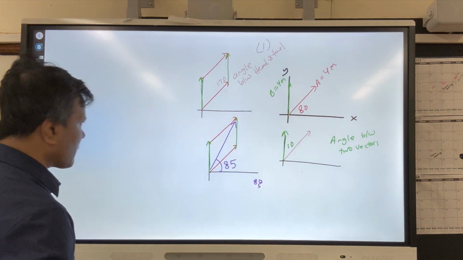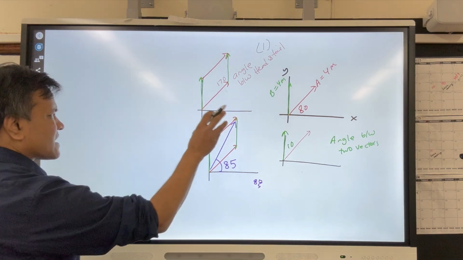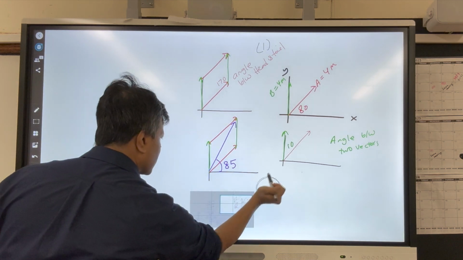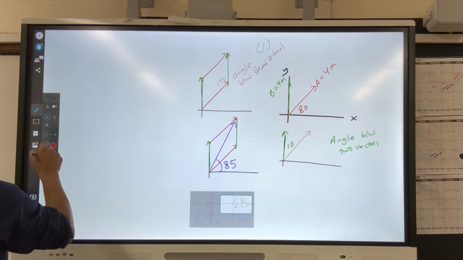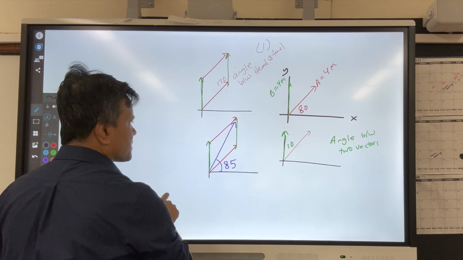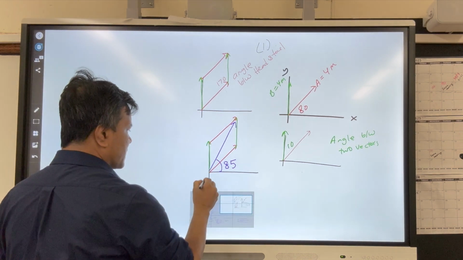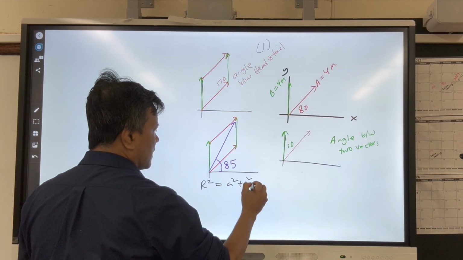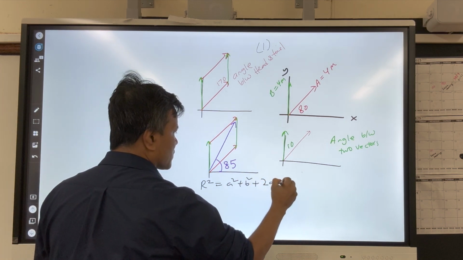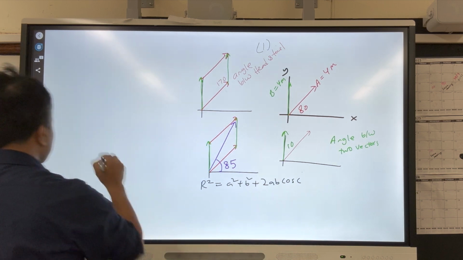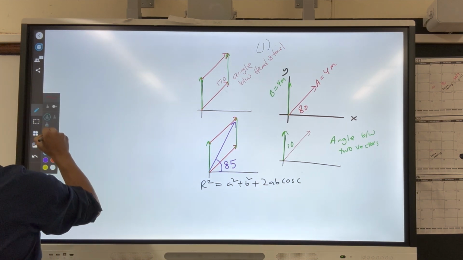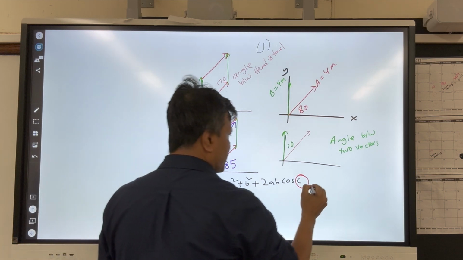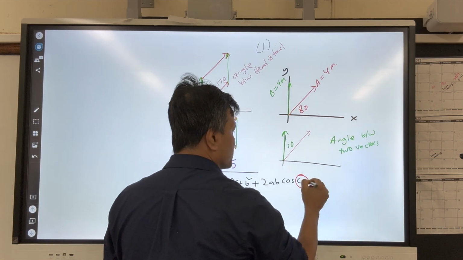Okay, now I want to find the resultant. How can I find this one? Very easy. I'm going to find it using the parallelogram, because this is a parallelogram. So R squared is equal to A squared plus B squared plus 2AB cosine C. When it comes to parallelogram, as I said many times, you use the angle between two vectors.